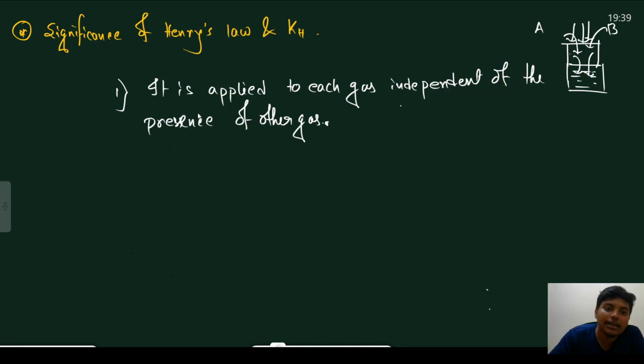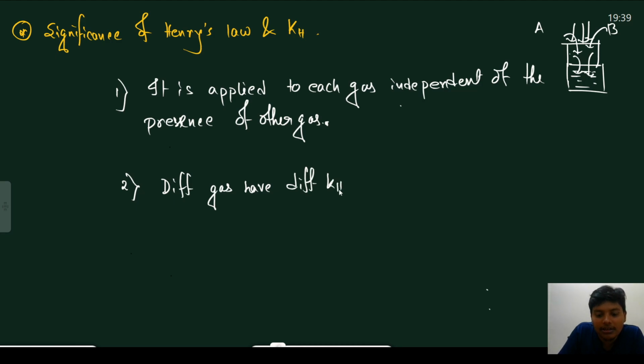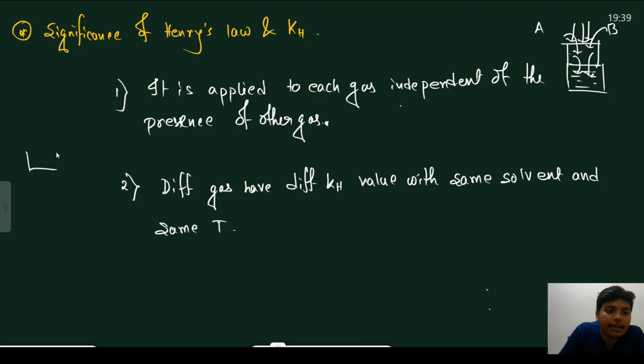Next thing, different gases have different Kh values with the same solvent and the same temperature. For example, I am taking a glass of water and adding carbon dioxide, and in another glass of water I am adding CH4.